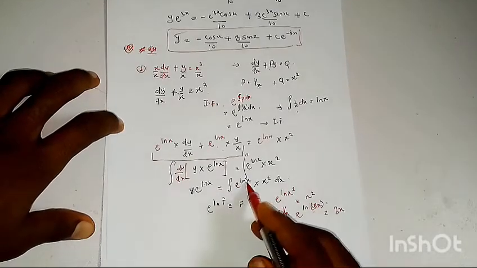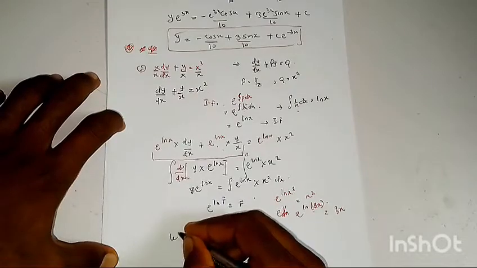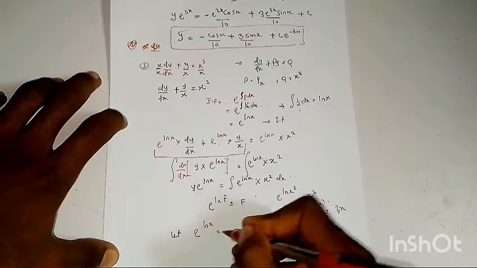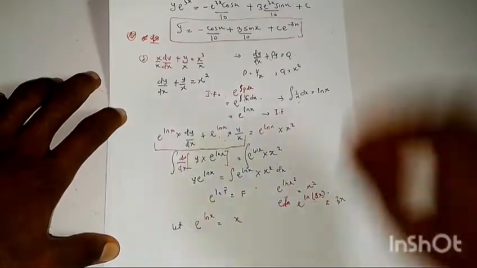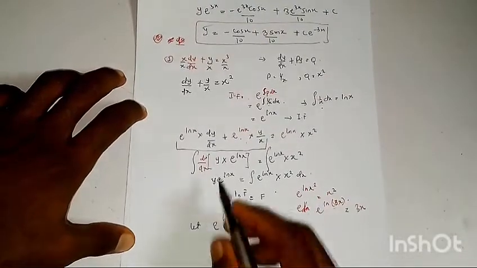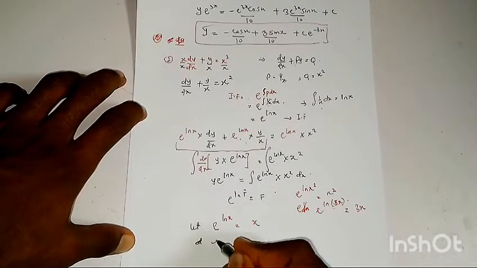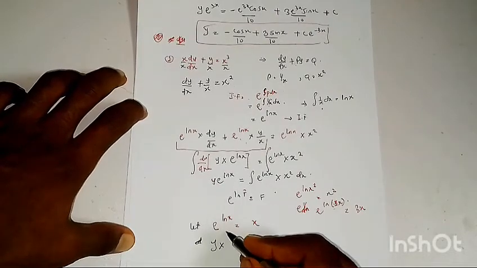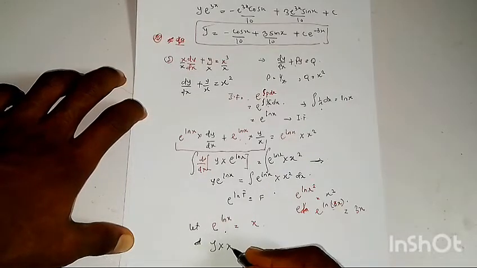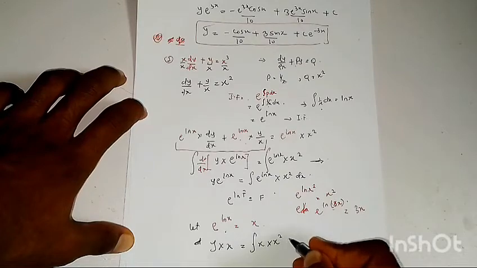So e raised to ln x will be equal to what? x. So I can say let e raised to ln x be equal to x. Rewriting this equation, we have y times x equals the integral of x times x squared dx.